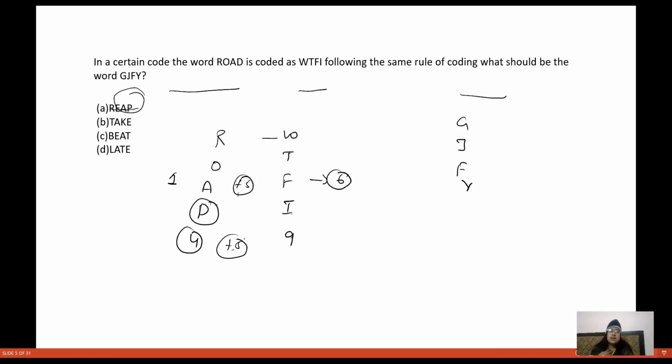Then you find this O is what? I think O is 15. Let us just check, because yes, O is 15 and T is 20. Once again, I'll write the alphabets and show you the sequence.